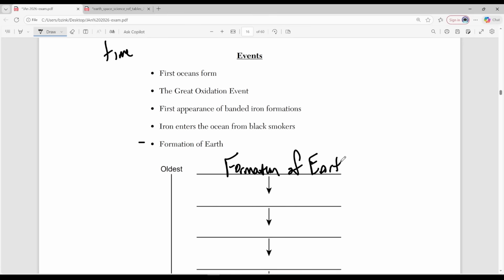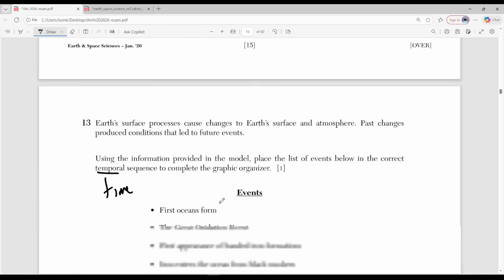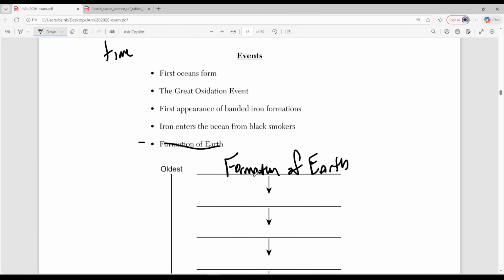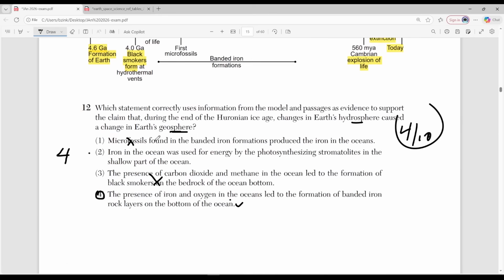Oh, okay. Are we just literally reading the graph right here? Okay, oceans form is next. Wow, if this is the case, this is so easy. Okay, let's keep going. Then it's black smokers and then first evidence of life.